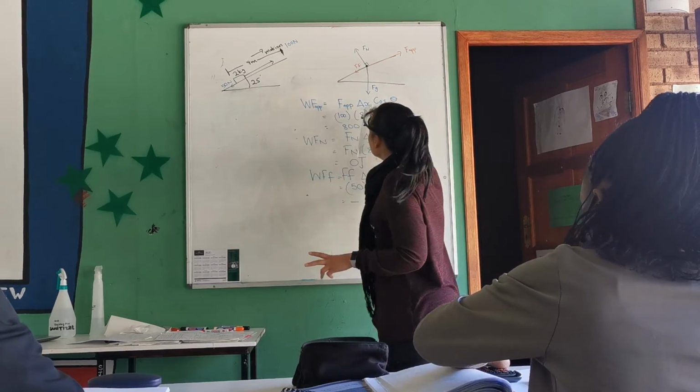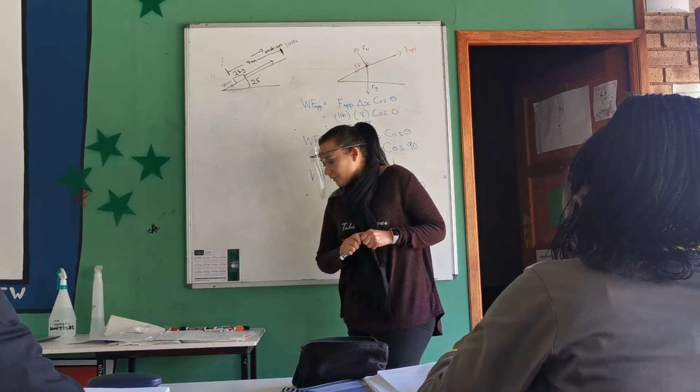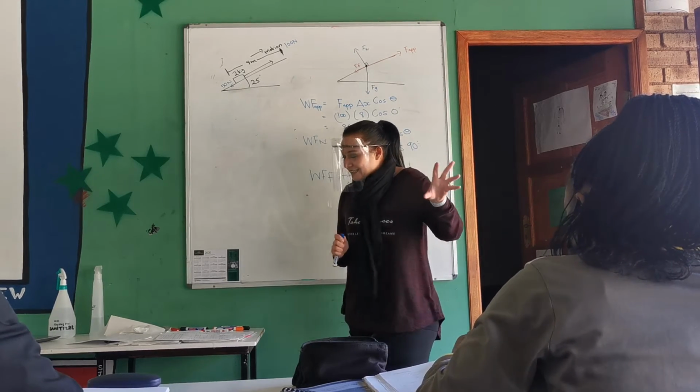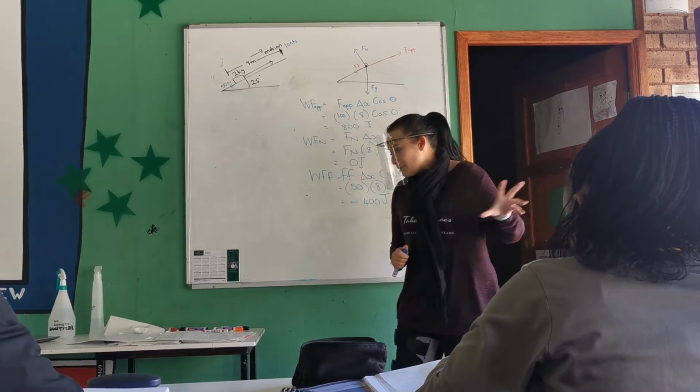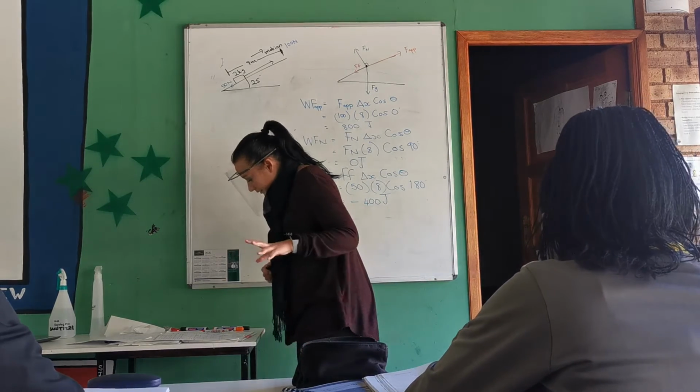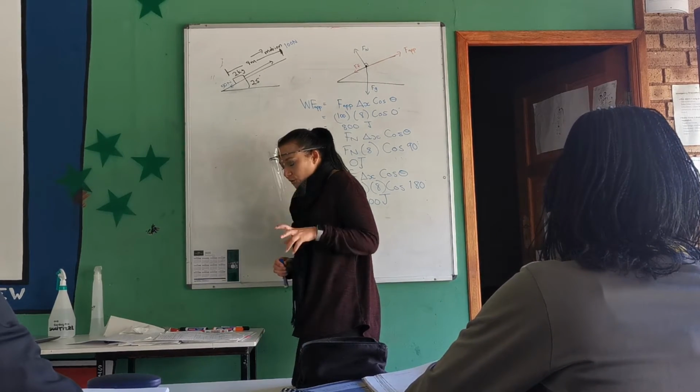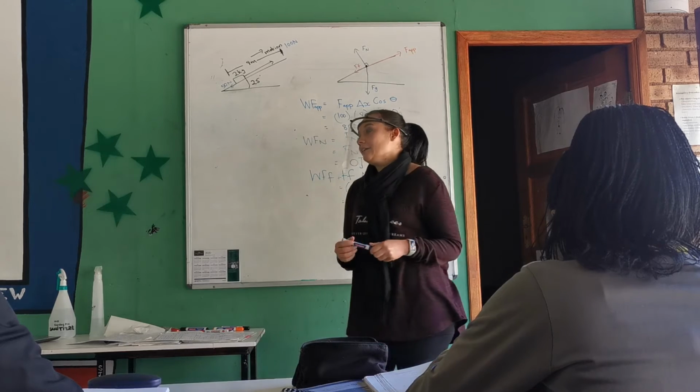Now, the last one. The last part of this is obviously Fg. And for this, we need to kind of think about what we're doing when it comes to the work done by Fg.